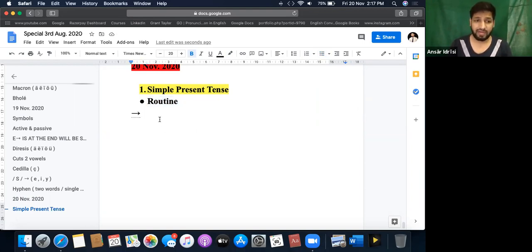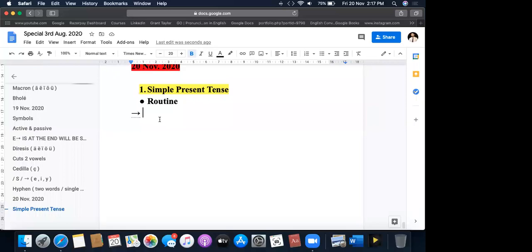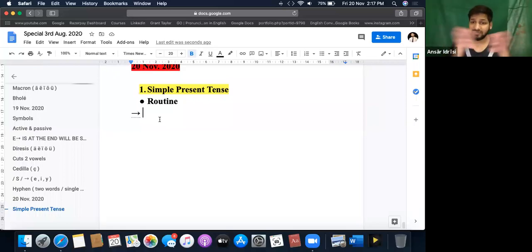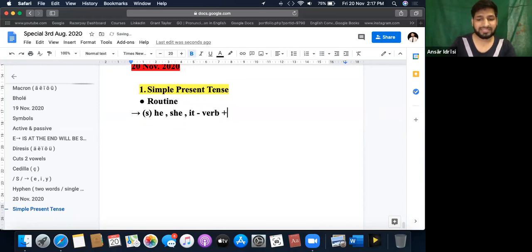Now we have pronouns in English: I, he, she, it, you, we, they. Right, we have pronouns in English, and in simple present tense, the pronouns have been distributed into singulars and plurals. The singular pronouns like he, she, it will contain verb plus s or es.